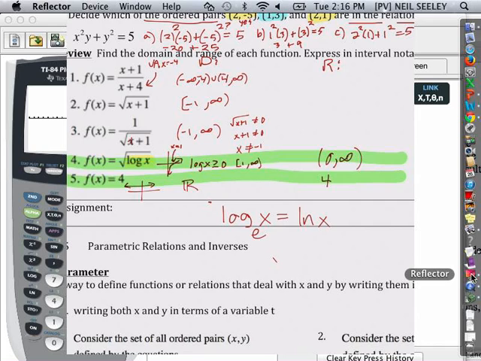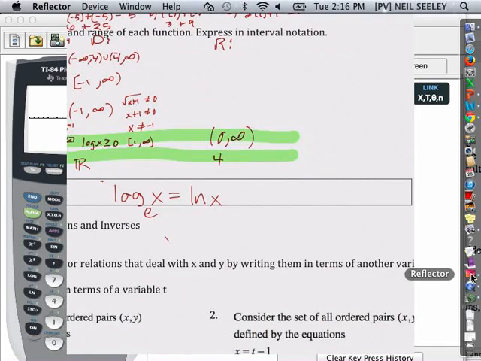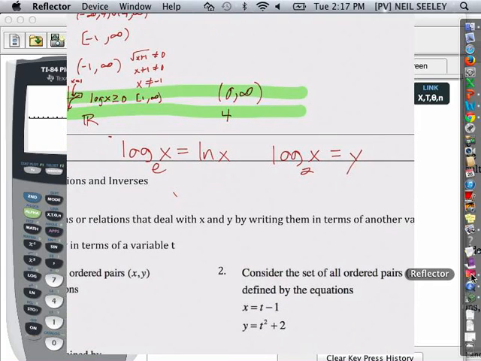It's shorthand for it. And any other log, somebody has to specify what the base is. You can have log base 2 of x. We could graph it as a function. And there's a lot more to it. And let me tell you, we spend a lot of time on logs because it's kind of a difficult topic. But log is the inverse of exponents.